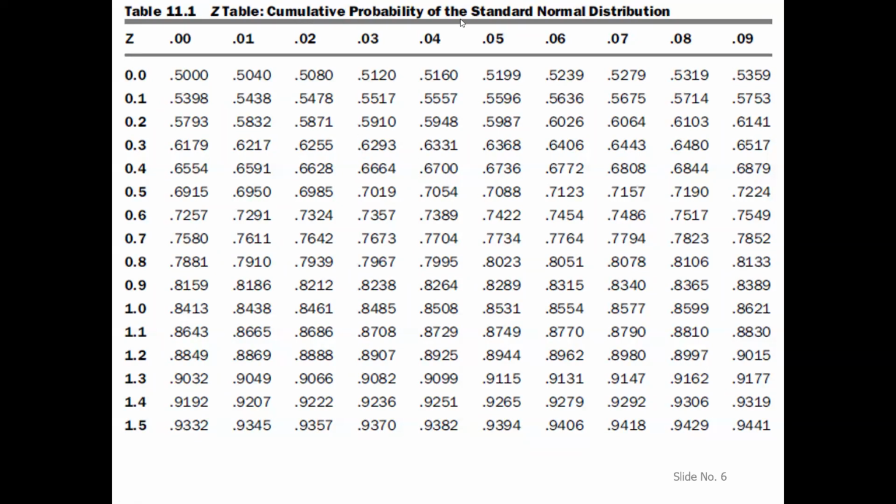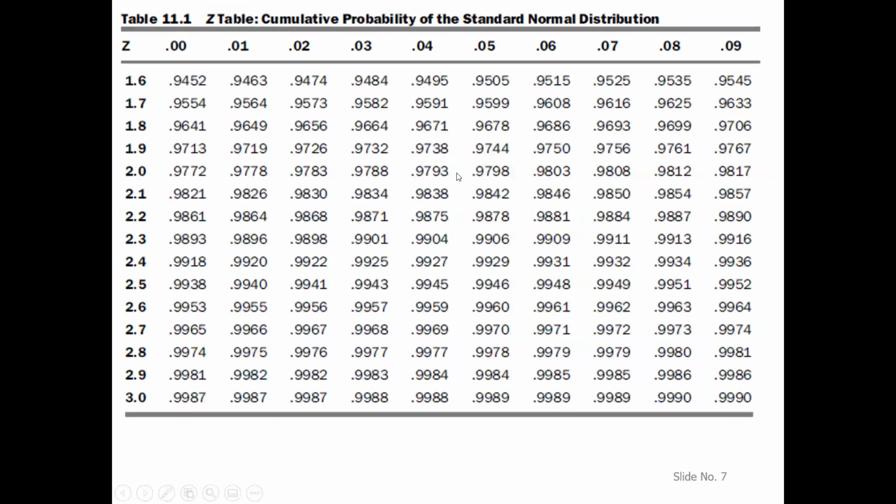These are the cumulative probabilities for the standard normal distribution. For different values of z, we can calculate the probability of occurrence. For example, for a value of z equal to 0, the probability of occurrence will be 0.5, that is 50%. For a value of z equal to 1.5, the probability of occurrence will be 93.32%.